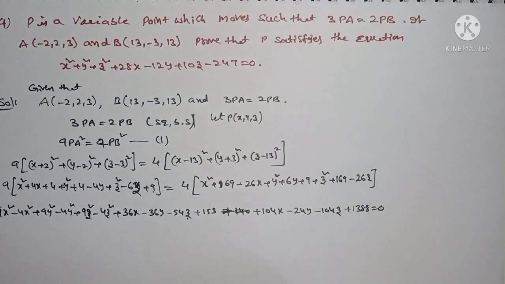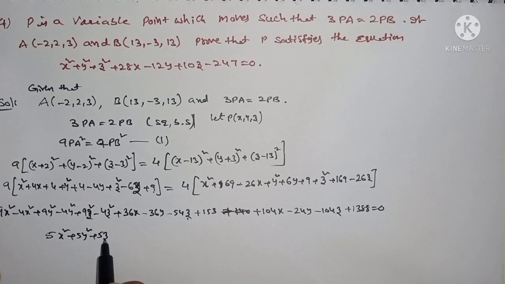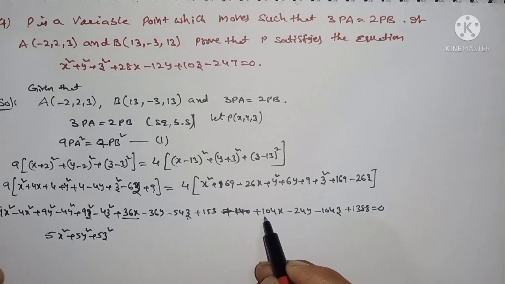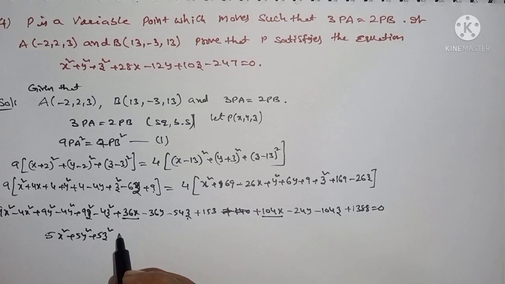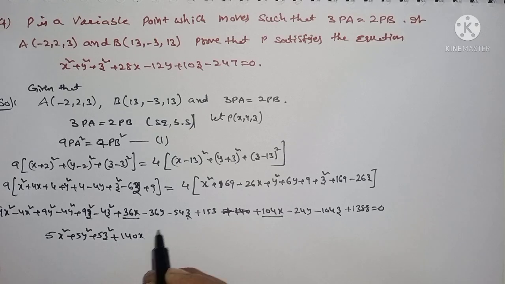Next, I can write here 5x square plus 5y square plus 5z square. What are the x terms? Plus 144x. What are the y terms? Minus 60y.